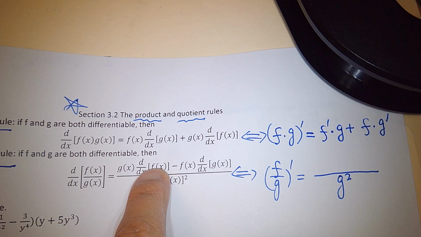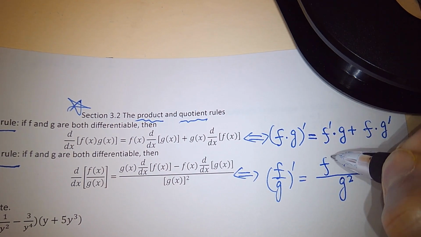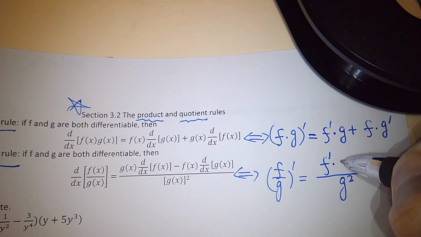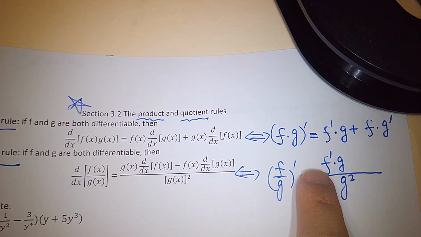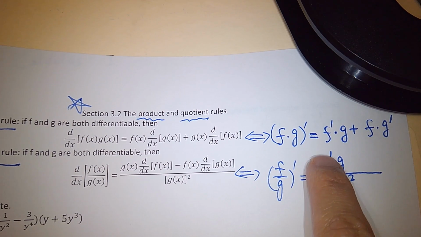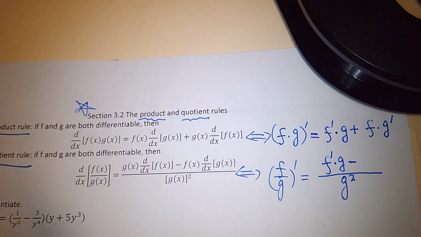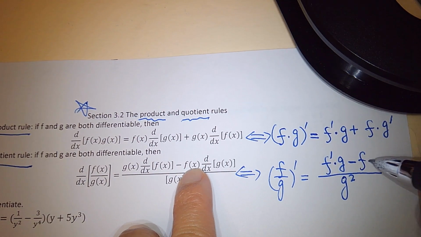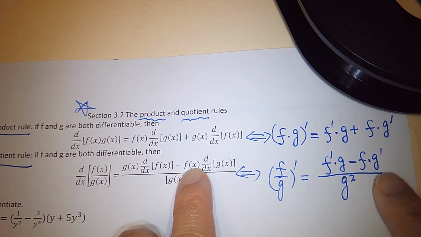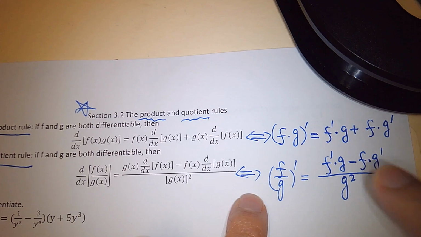Derivative of f times g. So differentiate the top function first, times g. This order is important, guys. We differentiate the top function f and then multiply by the bottom function g. Then minus f times g prime, or differentiate the bottom function and then multiply by the top function.